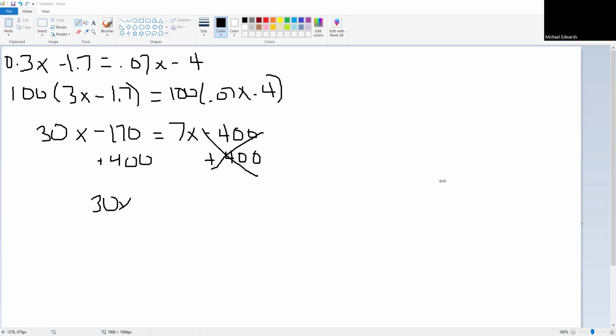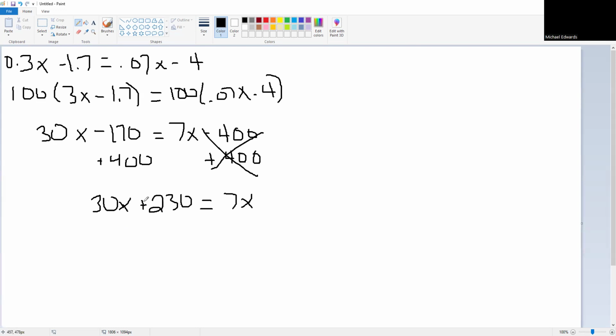Let's see, 400. This 230. And this is plus 230 equals 7x. Now, we still don't have our x's all on one side, so we do need to do that.